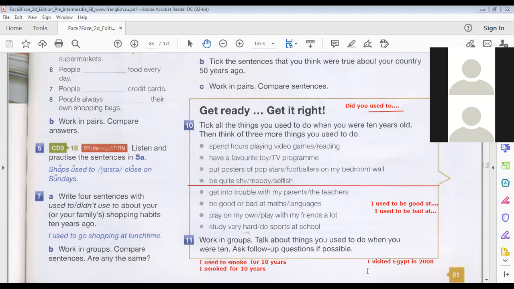But if you say I used to visit Egypt, what's the difference? Who can tell me the difference between these two examples? What do you think, Samiha? Is there a difference or are they the same?